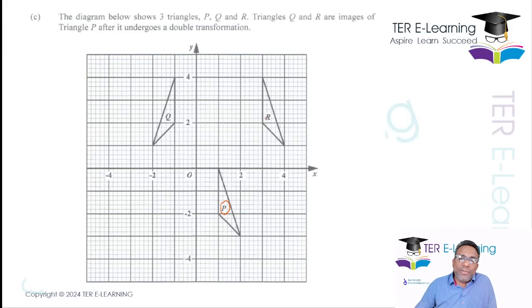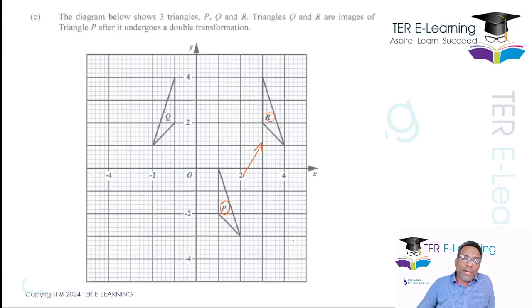So if you look at R here, the orientation of P and R is exactly the same, right? If you look at the lengths of P and the lengths of R, they are also identical. So therefore, if I look at this carefully, it is clearly a translation, right? Now, what's happening here is that this triangle is moving in that direction.